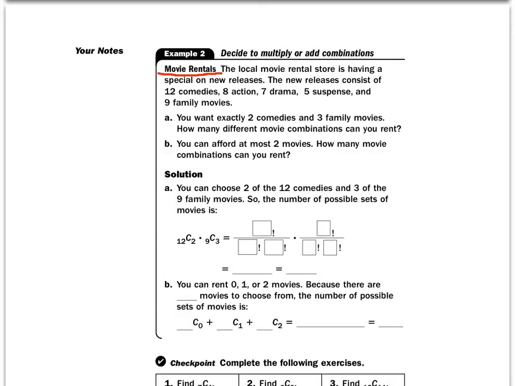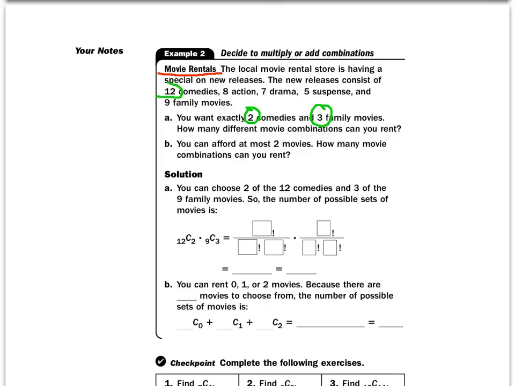The new releases consist of 12 comedies, 8 actions, 7 dramas, 5 suspenses, and 9 family movies. You want exactly 2 comedies and 3 family movies. How many different movie combinations can you rent? Well, if you say I want 2 comedies and 3 family movies, then you really have to draw from the comedies and the family movies.